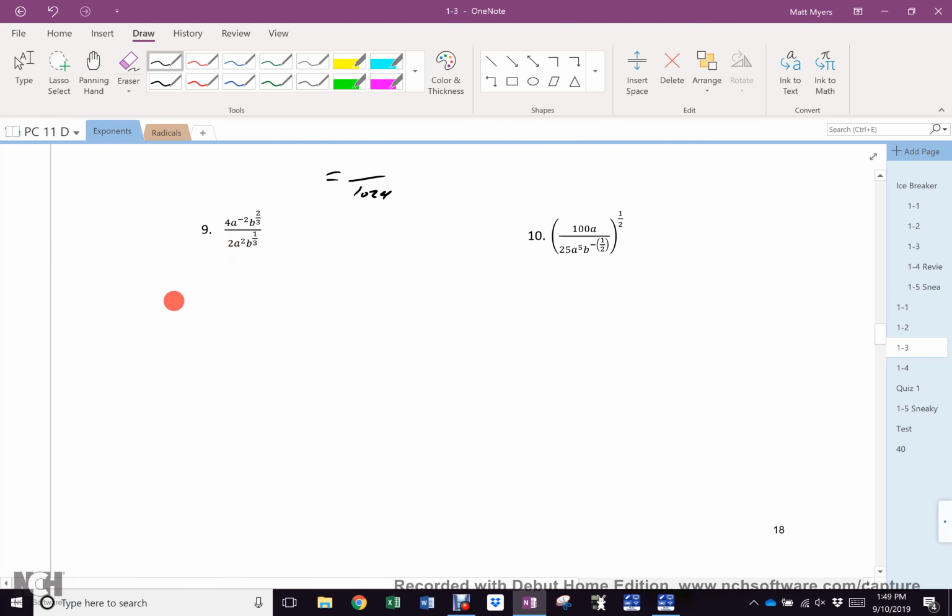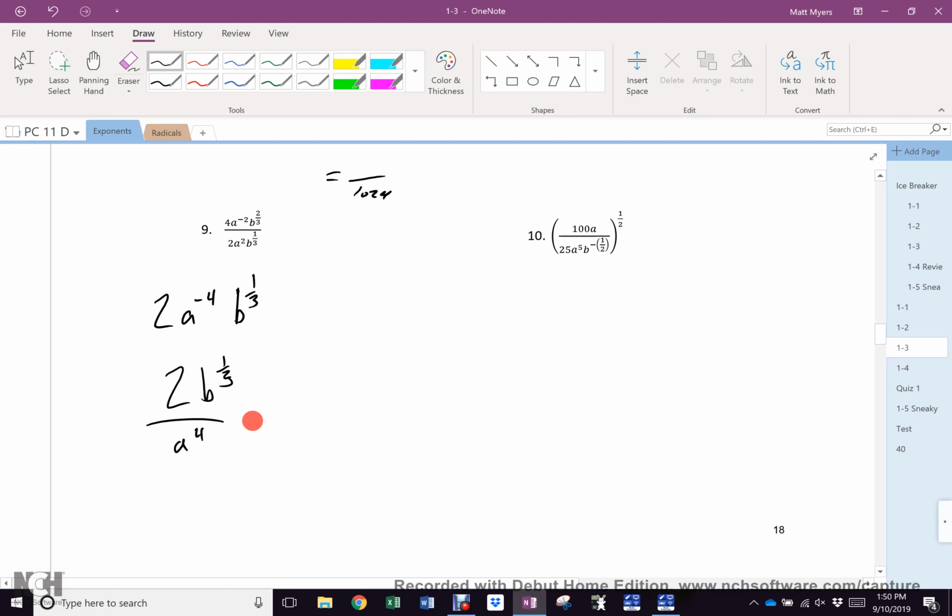What's 4 divided by 2? What do I do with those A's? What's -2 take away 2? -4. And what's 2/3 take away 1/3? 1/3. What there bothers us? The -4. Where does it have to go?